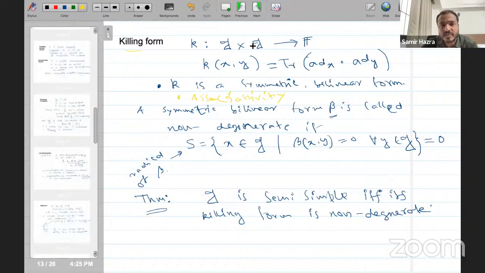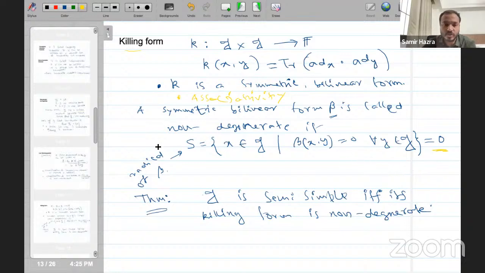So for any Lie algebra, we can write this symmetric bilinear form. Now, this symmetric bilinear form beta is called non-degenerate if this holds: the collection of all elements which are in some sense orthogonal with respect to beta to all of G must be trivial.